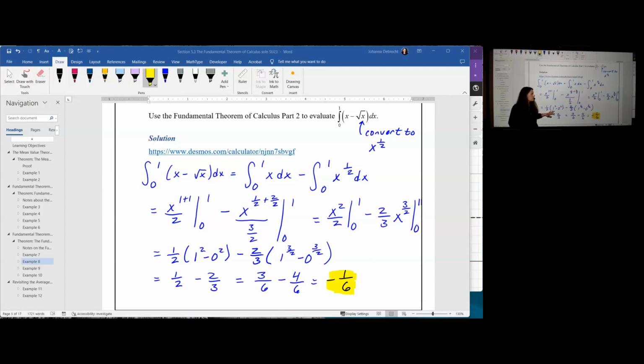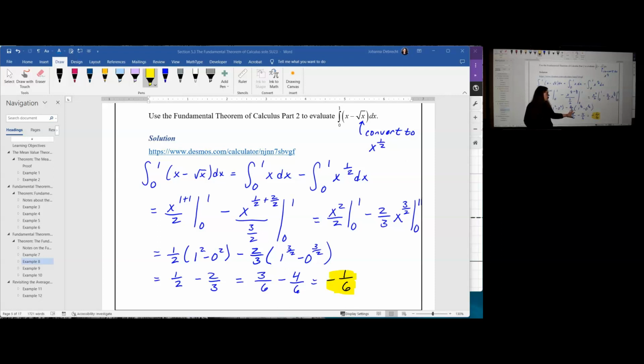In the next step, you'll see that I actually factored the constant off before I substituted in the limits of integration. This often can make life simpler when the constants are fractions. So I substituted 1 in place of x to get 1 squared minus 0 squared, which is just 1, so I get a 1/2.